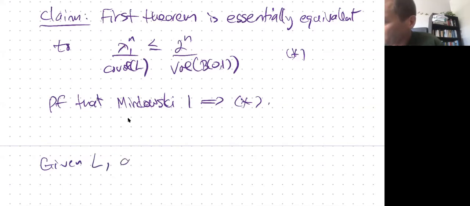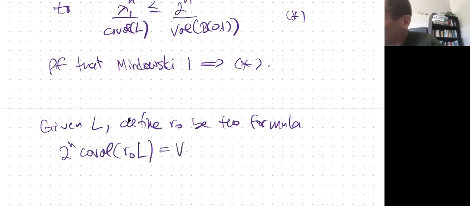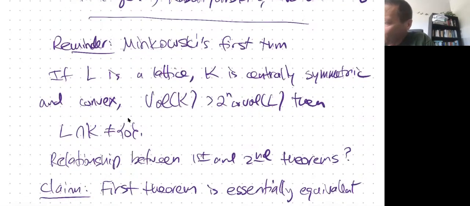So given your lattice L, define R0 by the formula. You dilate L by R0 so that after multiplying by 2 to the n, you get exactly the volume of K. So in the assumption of Minkowski's first theorem, you have an inequality here, and R0 is defined so that when you make this dilation, you have precise equality here.